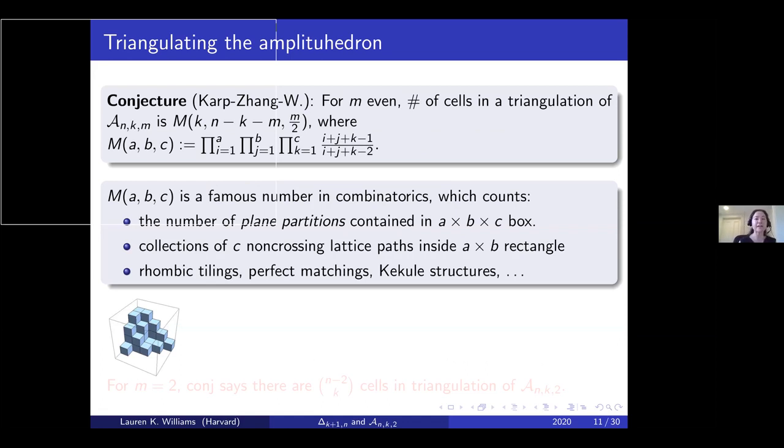So it's a very nice combinatorial number, and it's sort of striking that it seems to describe triangulations in the amplituhedron. But anyway, again, m equals 2 is our main focus here, and the conjecture says for m equals 2, there should be n minus 2 choose k cells in a triangulation of this amplituhedron.